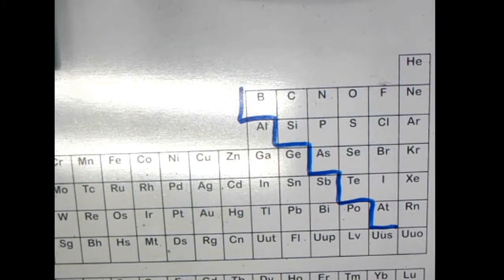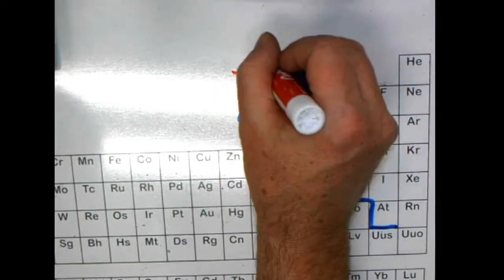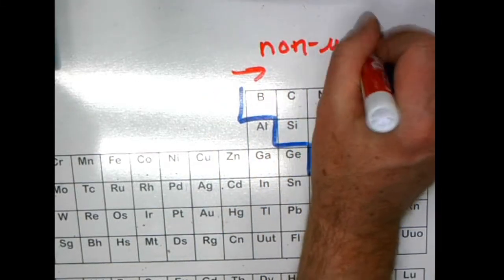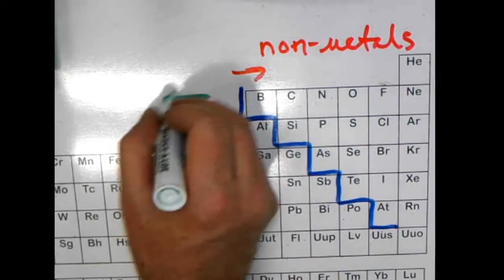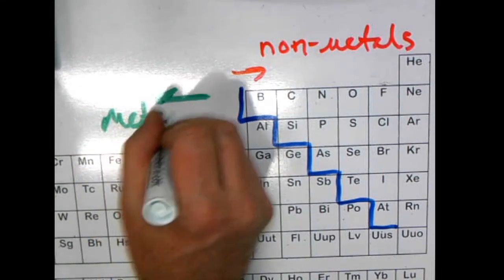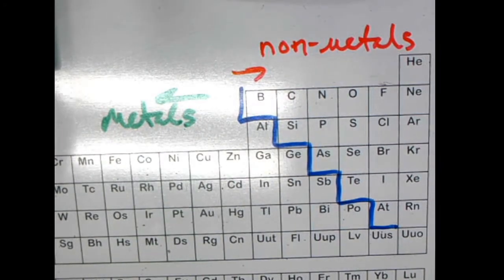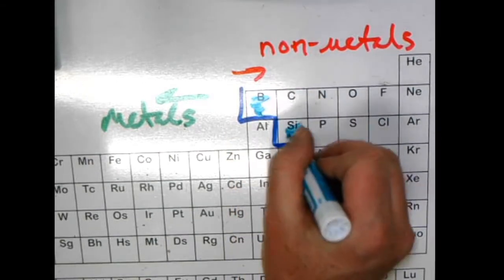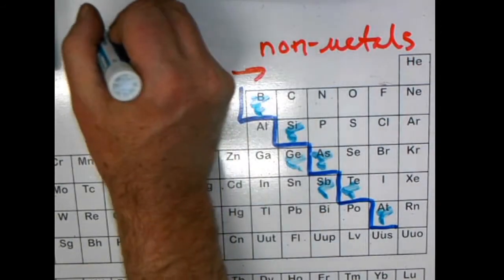It tells you information. To the right of the staircase, in general, you have non-metals. To the left of the staircase, you have metals. And living on the staircase, or touching the staircase, this light blue here, are the metalloids.